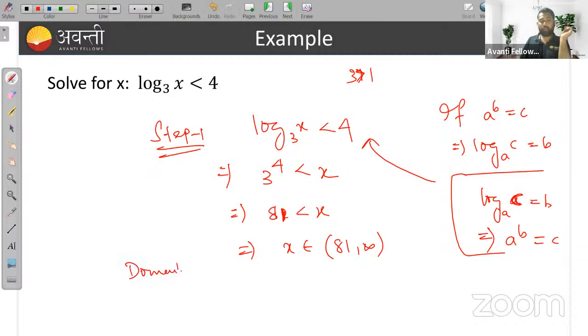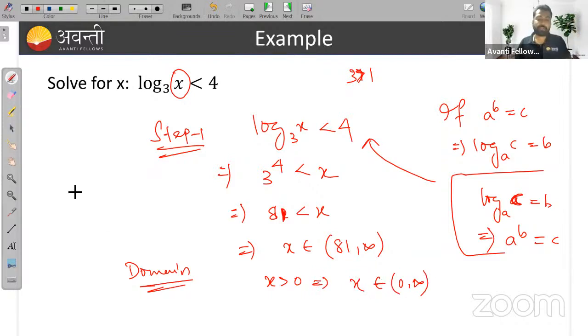And what will the domain be? I already told you, the argument must always be greater than 0, that is x is greater than 0, that is x belongs to 0 to infinity. So what will be the solution? The intersection of step 1 and step 2.